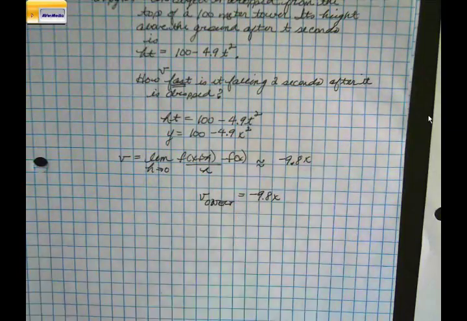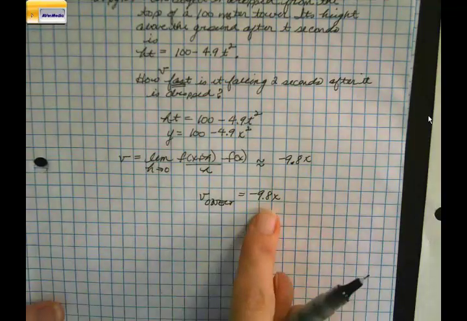Now, when we put an x value in, that's how many seconds this object has been falling. So how fast is it after 1 second? How fast is it falling after 2 seconds? How fast is it falling after 3 seconds is what this is going to tell me.